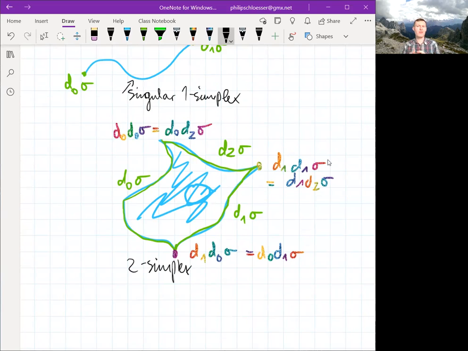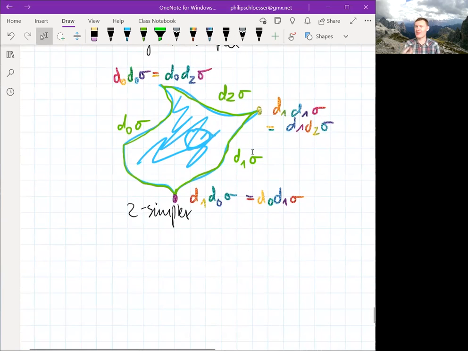But we would really like to look at not just one face, but all of the faces, and have some nice orientation preserving stuff there. So what we would really like to do is take linear combinations of faces.